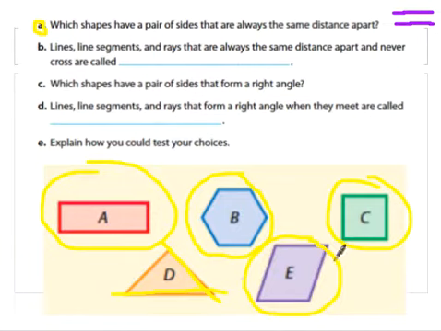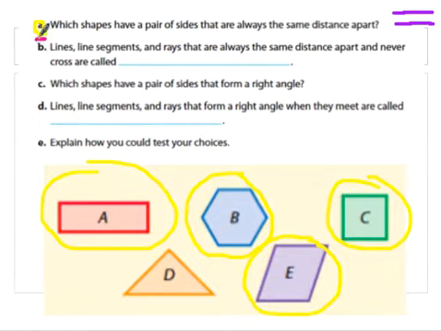No, they're not, because right here, we call this intersecting. Okay, they cross over each other. So they are not the same. So to answer question A, which shapes have pairs of sides that are the same distance apart? A, B, C, and E all have sides that are the same distance apart.